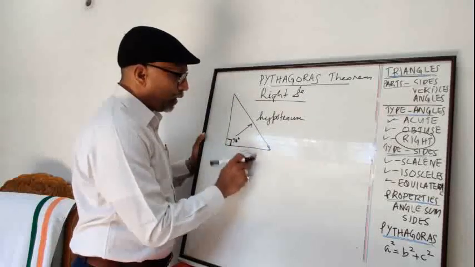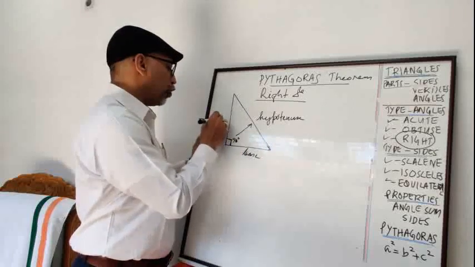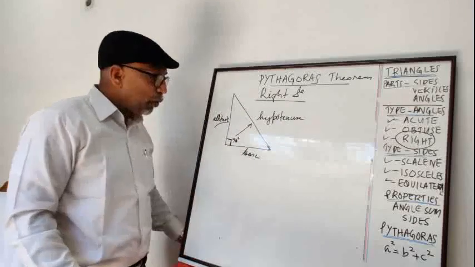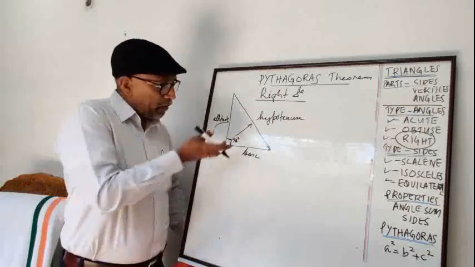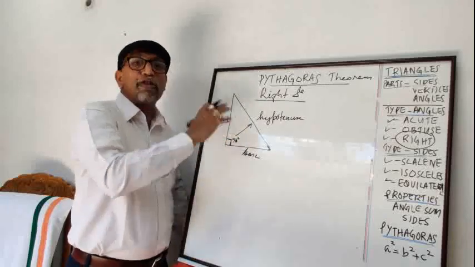If you want, you can call this one the base, and this one the altitude. But that is not important, because when you put the triangle the other way around, the base and altitude may change.